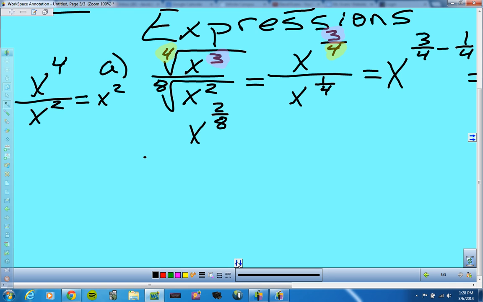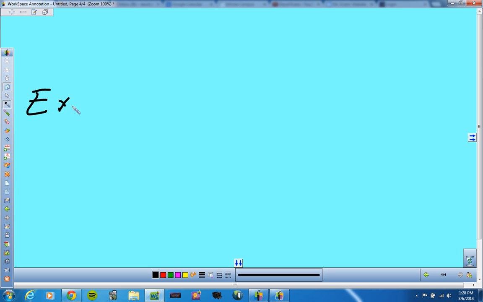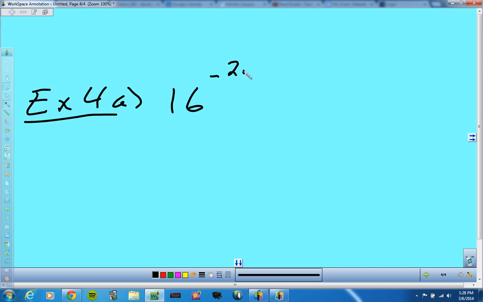What was that, example 3? So 16 to the negative 2.5 power, and all it says is write each number in simplest form.